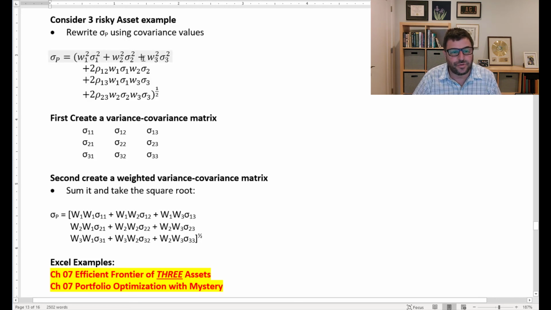Here I have 1, 2, 3, 4, 5, 6 different terms that I'm adding together. Here I end up with 9 terms because I'm not combining the cross terms, but we're going to see that this is a much easier way to do this in Excel. And all I have to do is highlight these 9 cells, take the sum, and then take the square root.